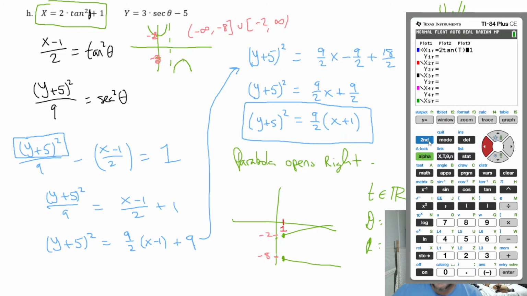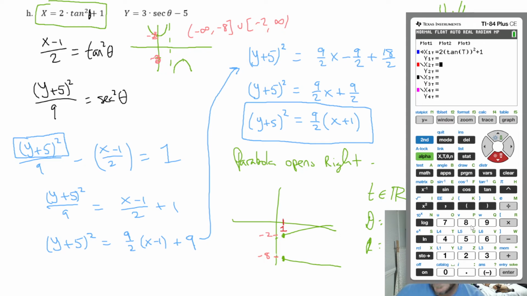In this calculator, you'd have to go insert, square that. I'd be a little bit scared about what's getting squared here. If it's just squaring the t or the tan, my heart says it would square the whole tangent, but I'm just going to throw another set of parentheses around it just in case. I would enter it like so. So that to me is 2 times a tangent that's getting squared plus 1. I feel good about that.